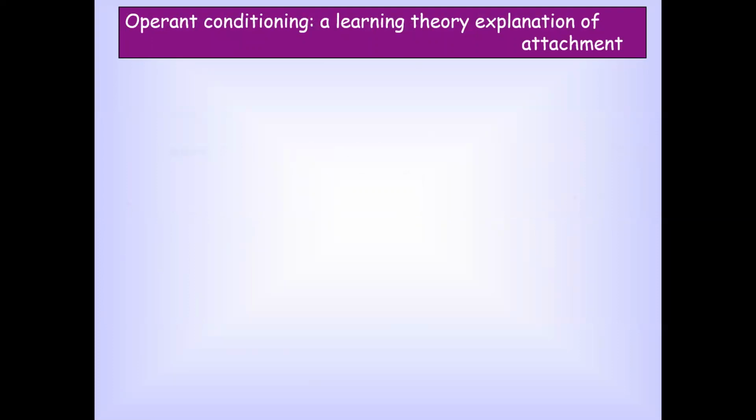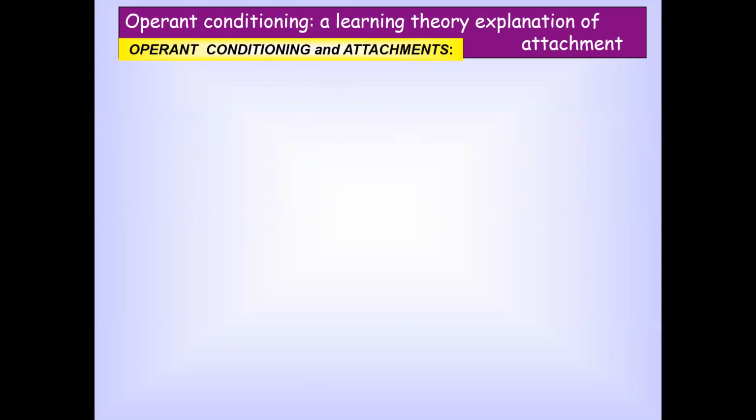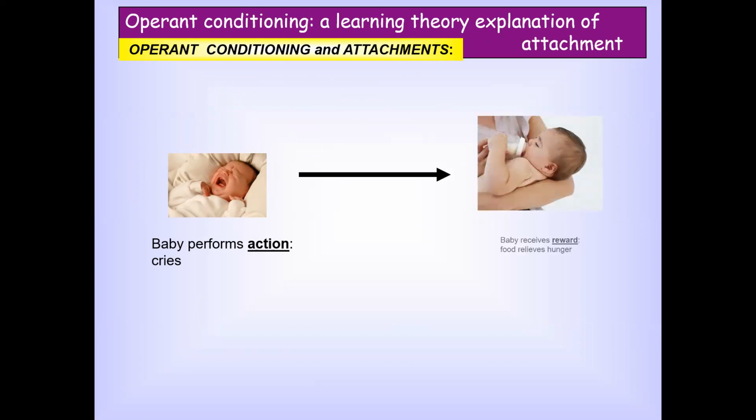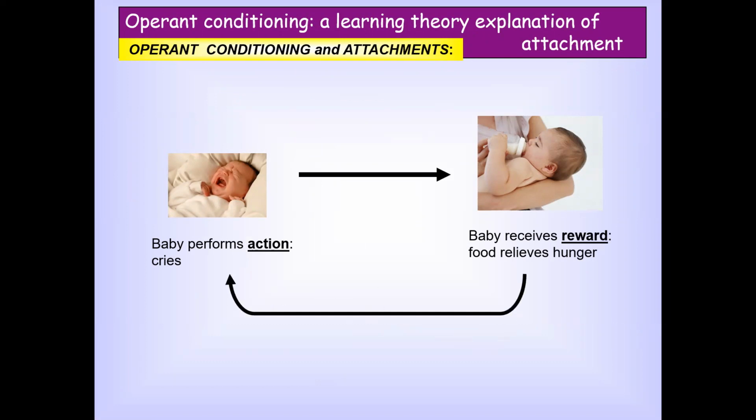So let's have a look at operant conditioning. A baby's crying because it's hungry. It's causing it discomfort, so the baby performs the action of crying. That crying brings food, and the baby receives the reward of food, which relieves the hunger.